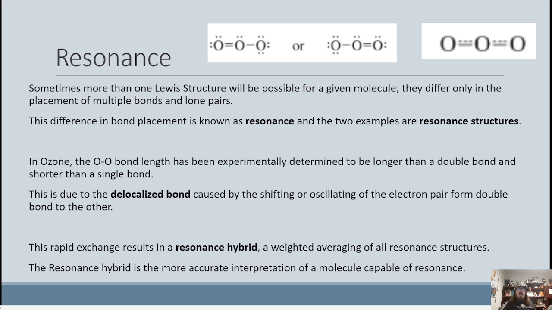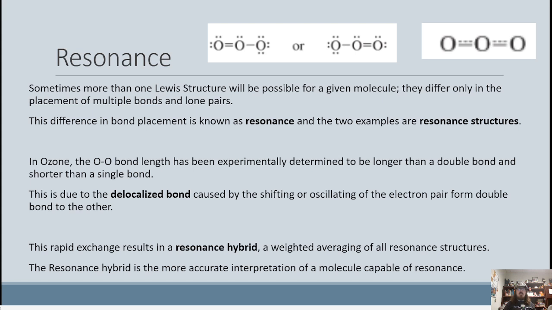That double bonds are shorter than single bonds, and that you'll see one structure has a short double bond to the heavy oxygen, and one structure has a long single bond to the heavy oxygen.